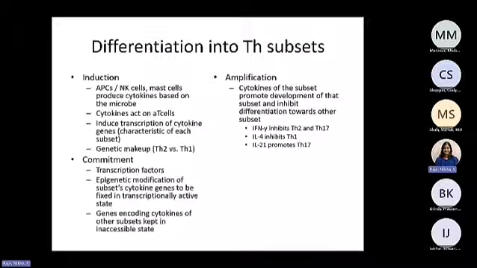There are transcription factors in those cells that are important to make sure that they are committed to become one type of cell or the other. And the epigenetic modification of some of those genes helps fix that whole state into an active state transcriptionally so that they are committed to become that particular subset.